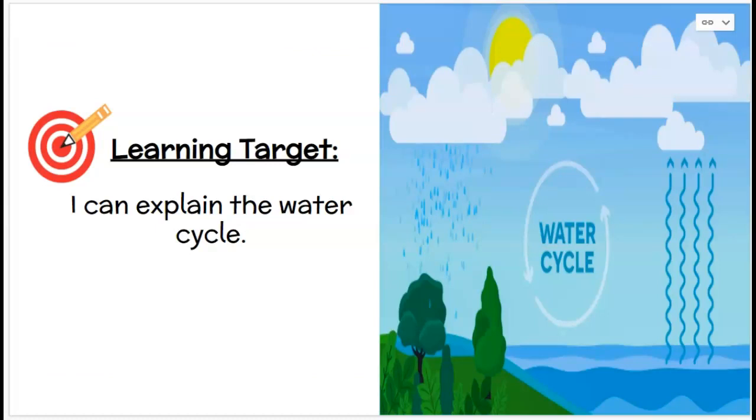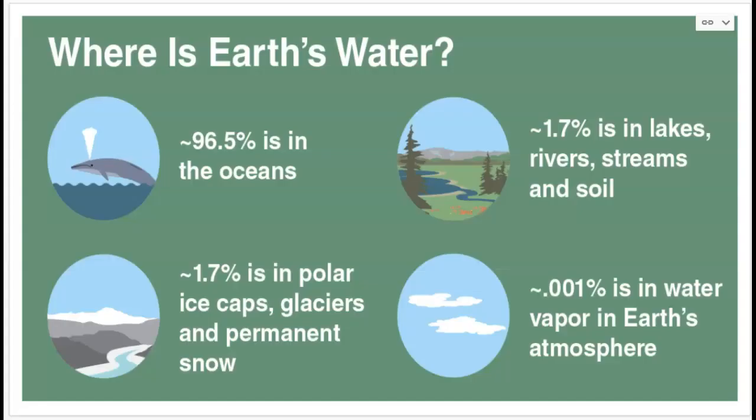We learned a little about the water cycle, too, and how to explain it. We learned where Earth's water is. 96.5%, or most of the water on Earth, is in our oceans. 1.7% is in polar ice caps, glaciers, and permanent snow.